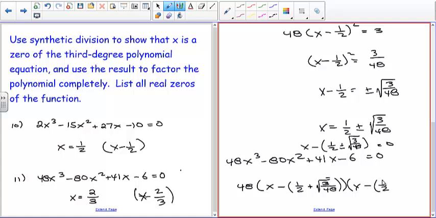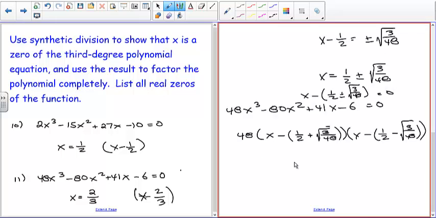and minus the square root of 3 over 48, one parenthesis to match that, and then parenthesis. And then the third factor is, I guess, the easy one, x minus 2/3. So that's the factored version.